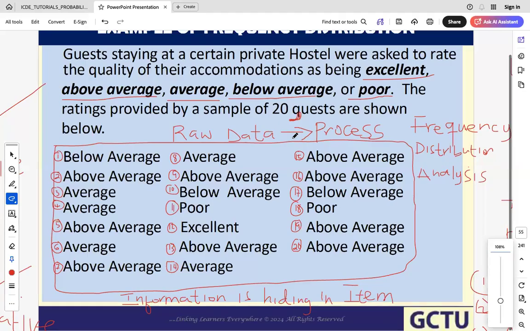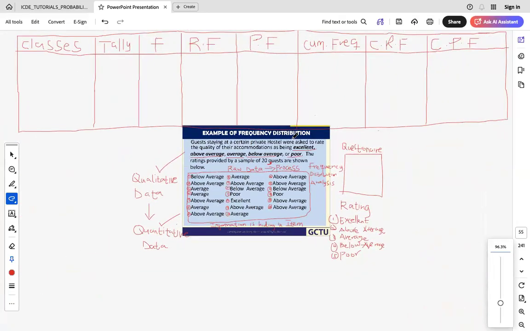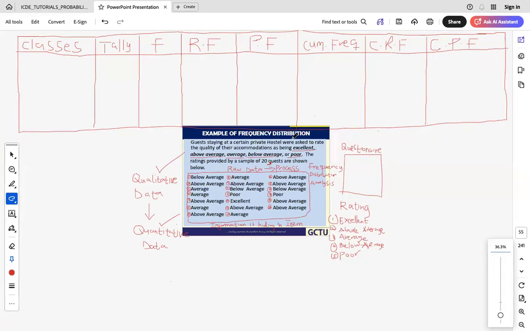So we'll use our technique today, which is the frequency analysis table, to try and understand the information these 20 guests are trying to tell the manager of the facility.